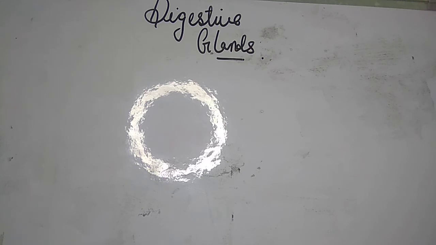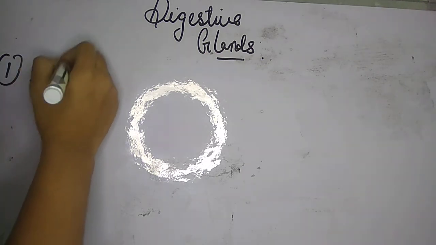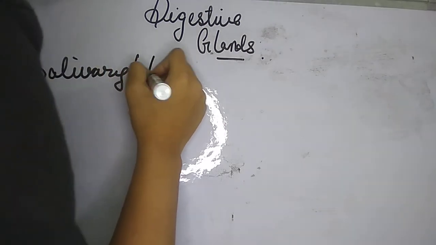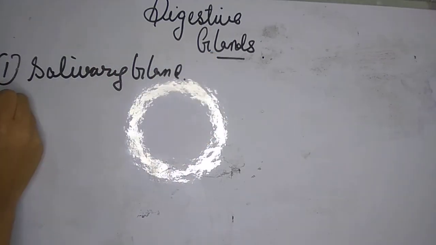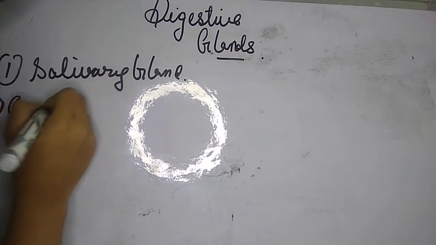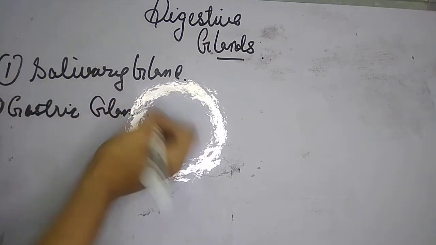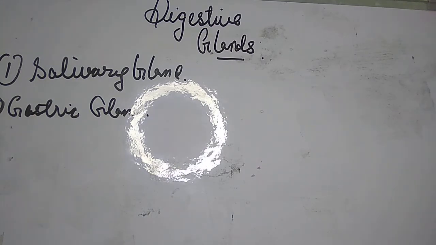And the next gland is the gastric gland. First was the salivary gland, second is the gastric gland. These glands release digestive juices containing HCl, pepsin and mucus.